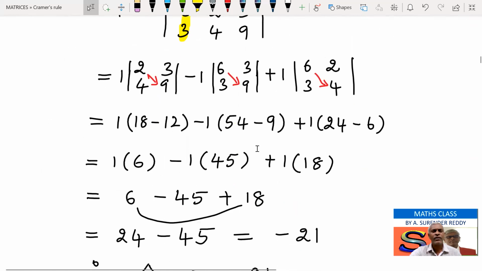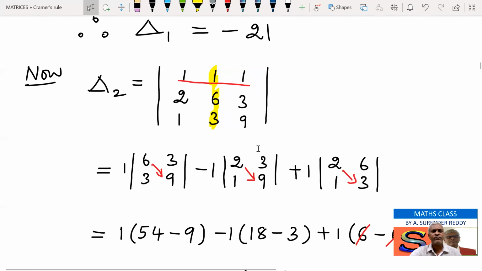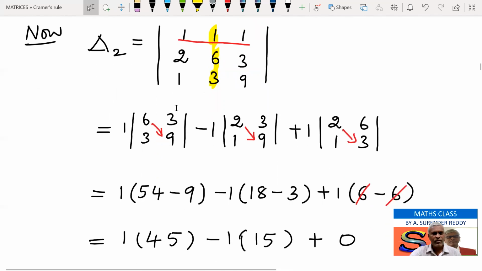So calculating delta 2 determinant, 1 into, except 2 1, take the 4 6 3 3 9. So for minus 1, except 6 3, take 2 1 3 9. For plus 1, except 3 9, take the remaining 2 6 1 3.